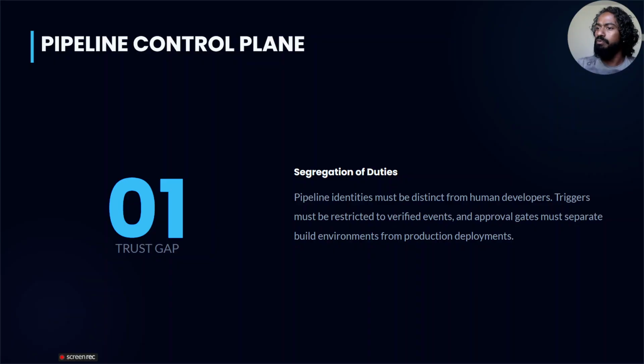That means it is powerful. So when assessing this layer, the one key question is: does the pipeline have more power than it should? Overprivileged pipelines are basically production admins that never sleep. So we need to be cautious about that as well.